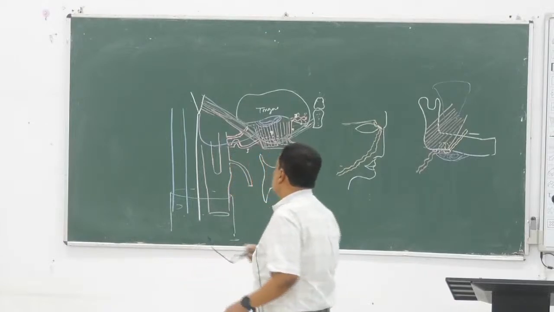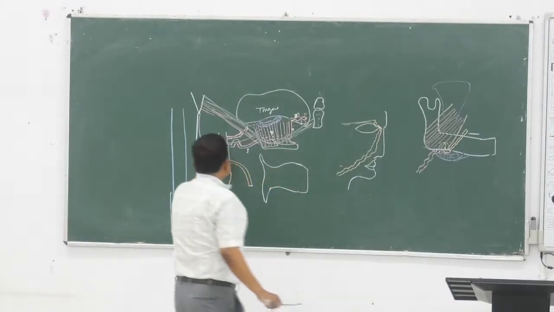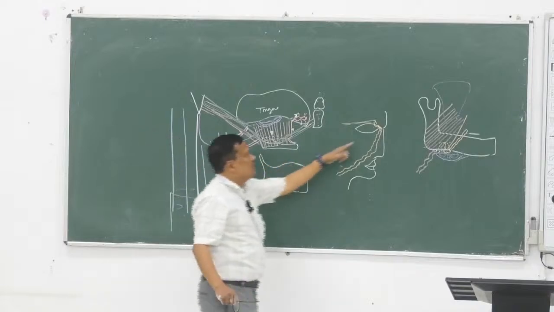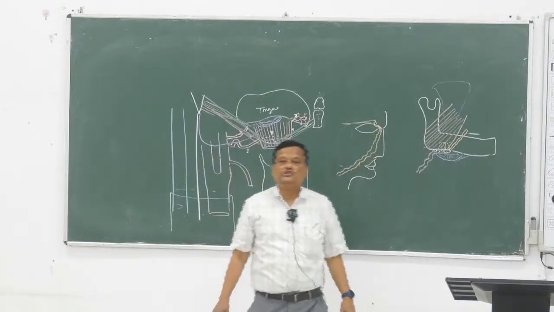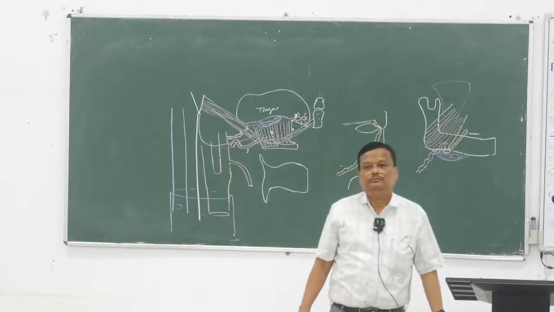So beginning from the external carotid artery, it ends at the inner angle of the eye by joining with branches of the ophthalmic artery.